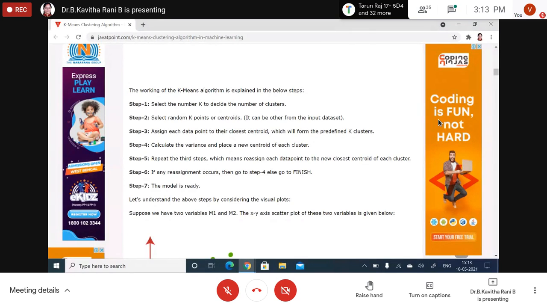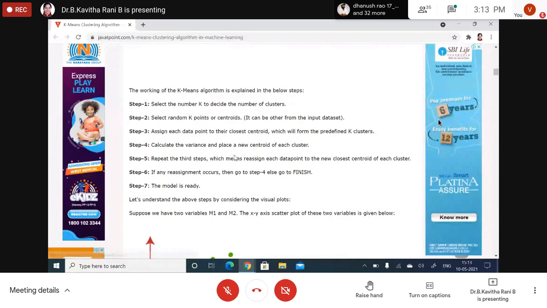Now for this, you have to calculate variance and repeat this process. If any reassignment occurs, then go to step 4 and finish the process. So the model is ready.